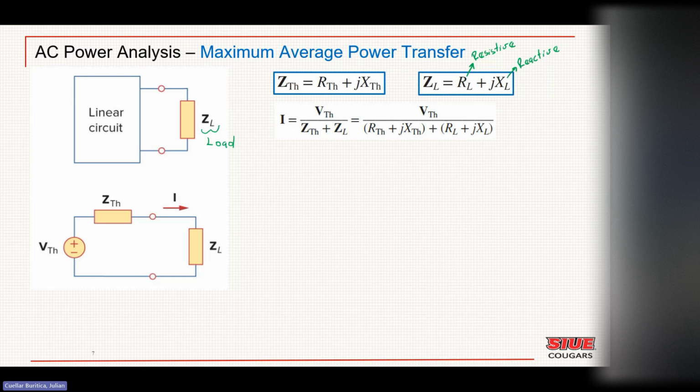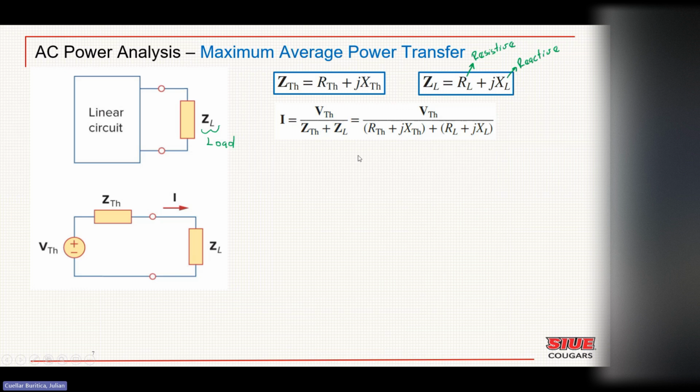One part comes from all the resistances in our circuit, and one complex part is the reaction of the inductors and capacitors to the frequency of the signal.